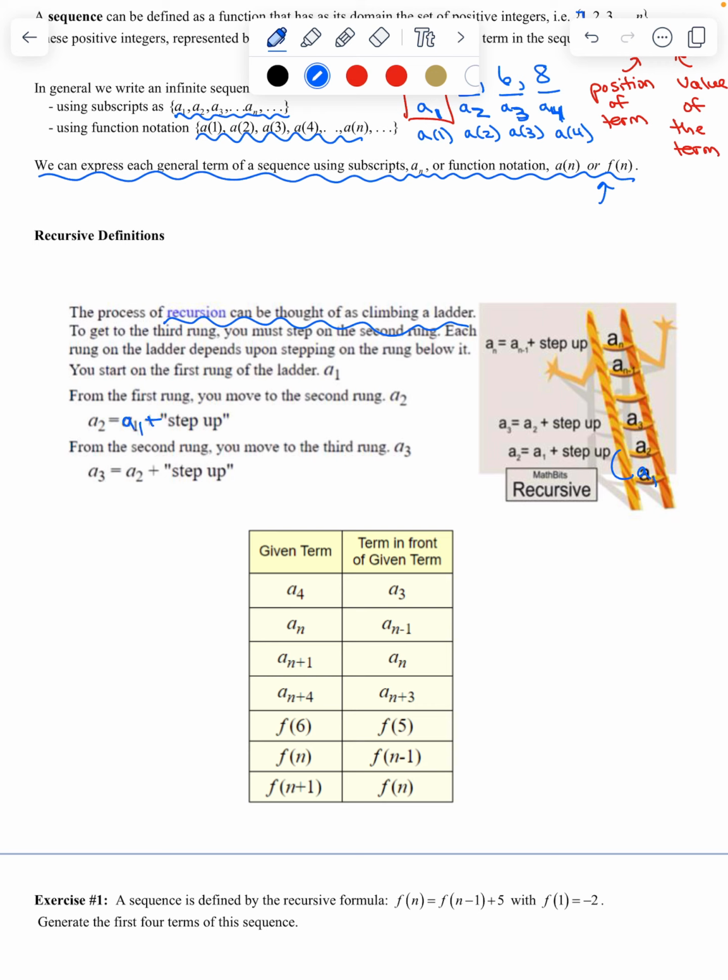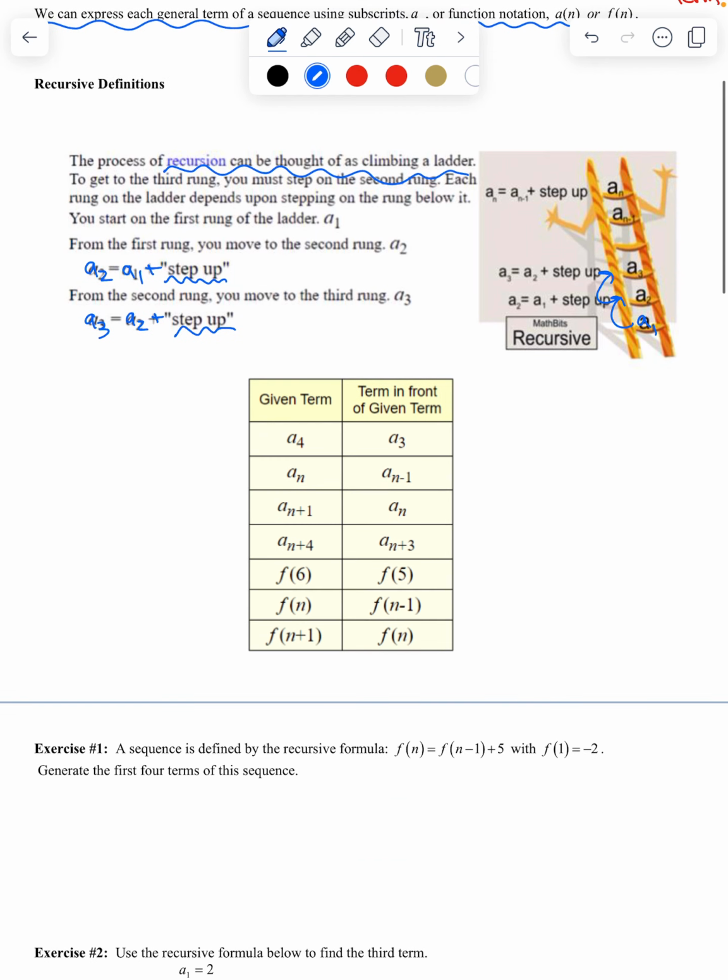You have to step up or add some amount to get to the next step. From the second rung, you have to step up or add some amount to get to the third step. So you can't go from step 1 to step 3 right away. You would have to go from step 1 to step 2 to step 3.